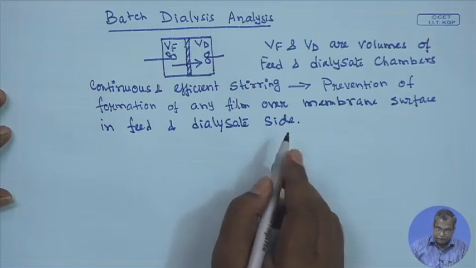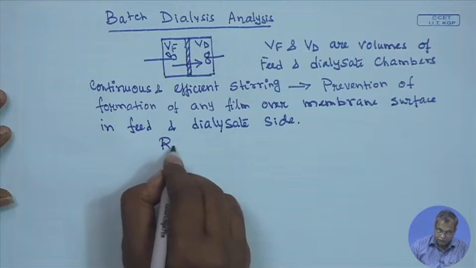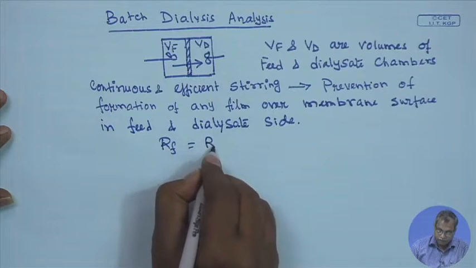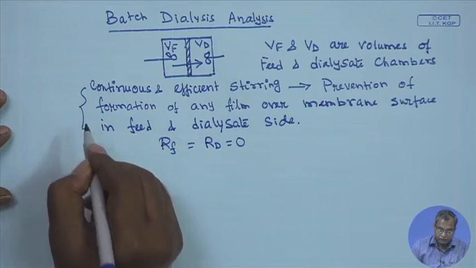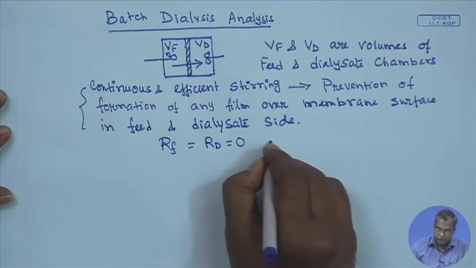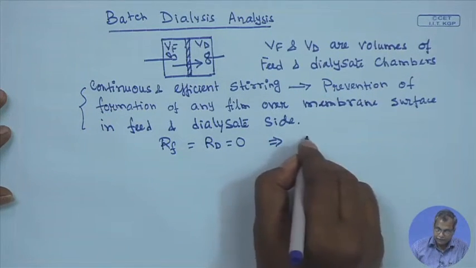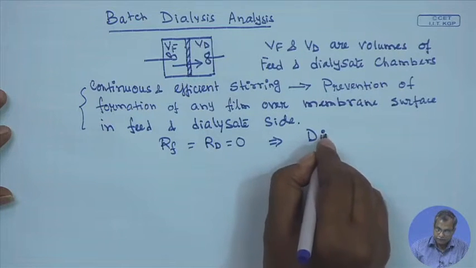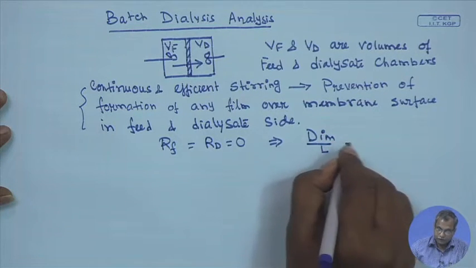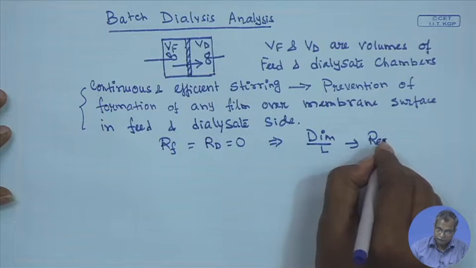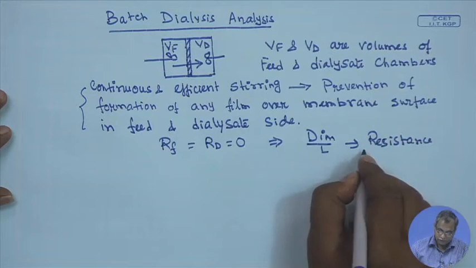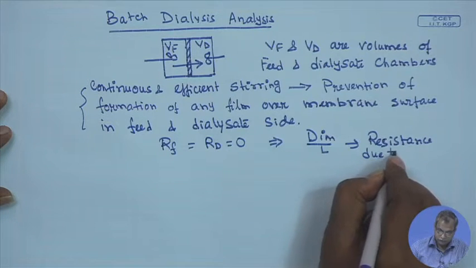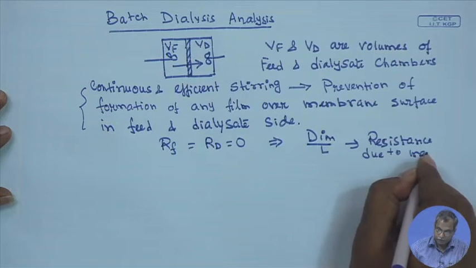If that is done, we do not have R_F and we do not have R_D in this case. So, what resistance is existing? It is the membrane resistance, D_iM over L. So, only the resistance due to the membrane should be there.